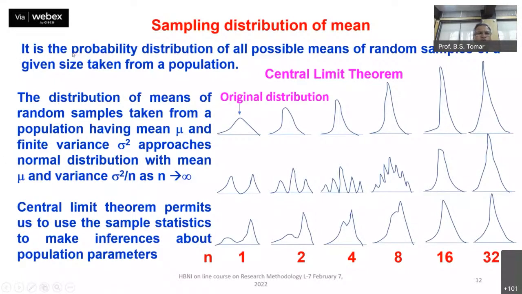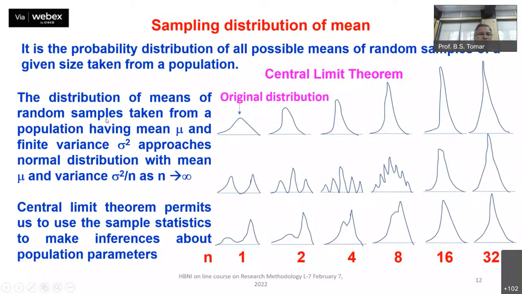If the probability distribution of all possible means of random samples of a given size is taken from a population, then what we get is the sampling distribution of mean. The sampling distribution of mean tends to be a Gaussian distribution if the number of samples taken is large. That is what is called the central limit theorem.